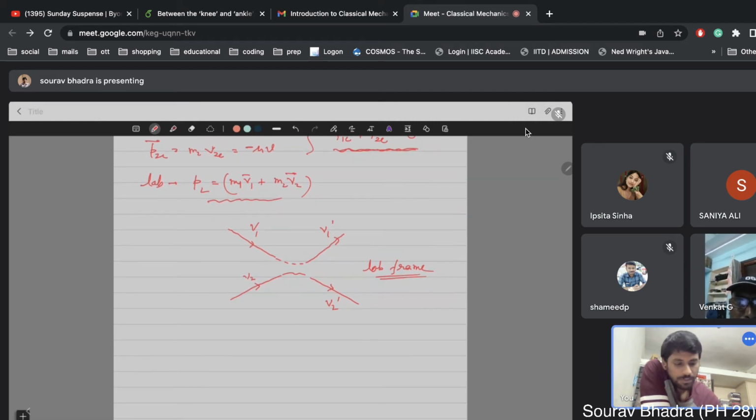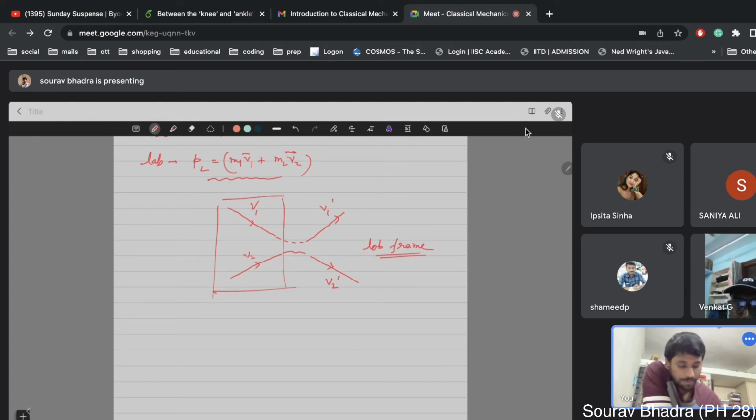Now if you consider only this part of the system, I am converting the initial velocity into the center of mass frame. So you will get that v1 is directed in this way, v2 is directed in this way, and this is the velocity v of the center of mass before collision. So this is v2c, v1c, the velocities of the particles before collision in the center of mass frame.